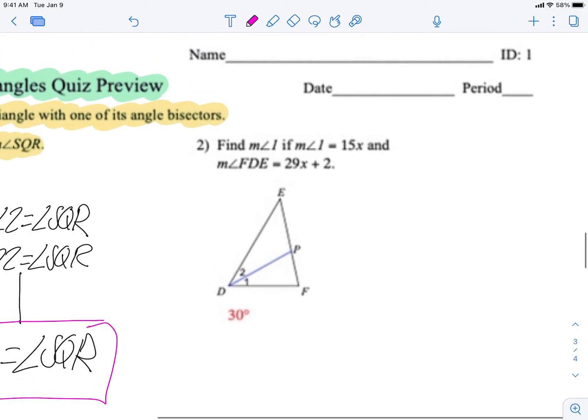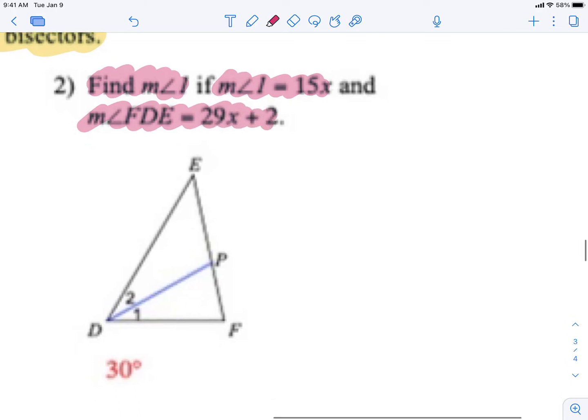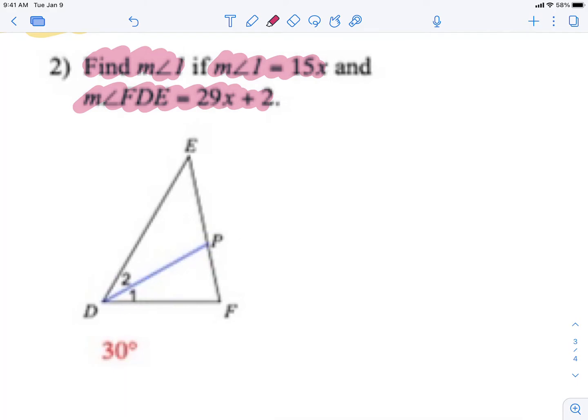So number 2 says, measure angle 1. If angle 1 is 15x and angle FDE is 29x plus 2. So let us see that our angle bisector here is PD. So angle FDE, this angle was split in half by PD.